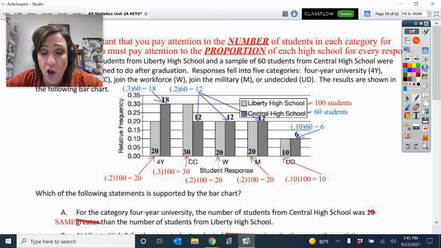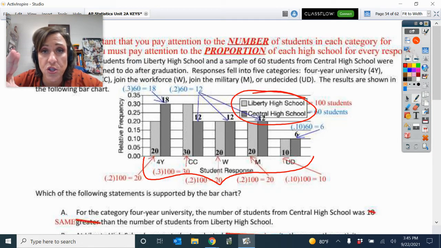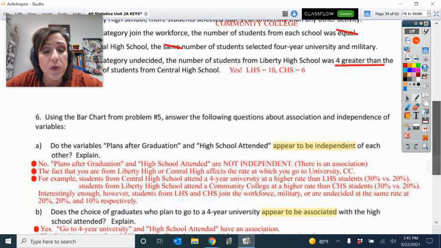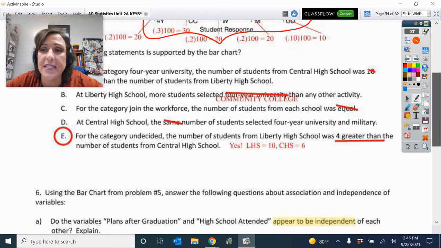And the 2 variables are what you're going to be doing after high school and which high school you went to. So they ask you about the relationship between those. Is there an association? Is there independence?